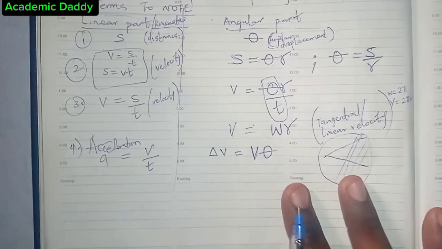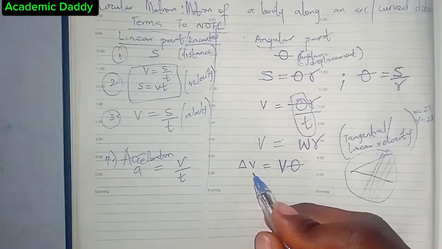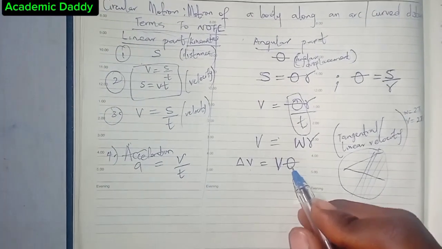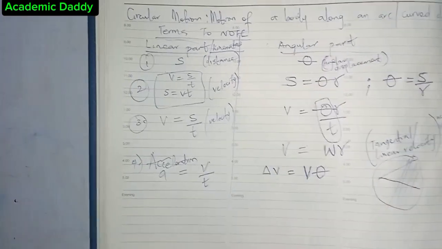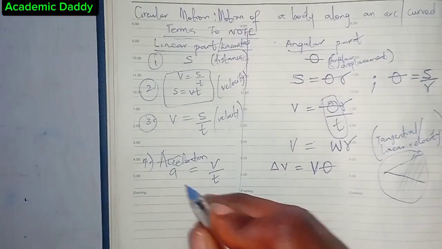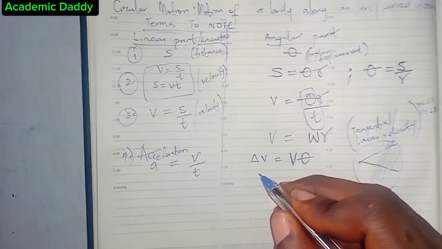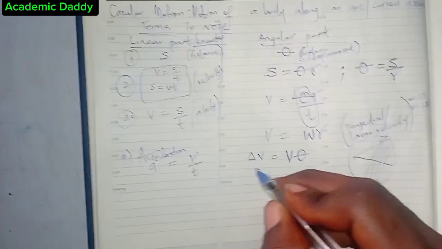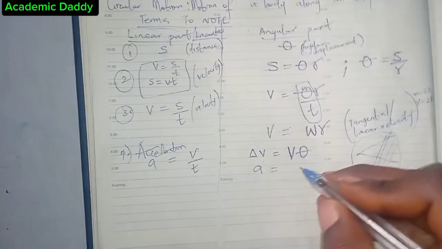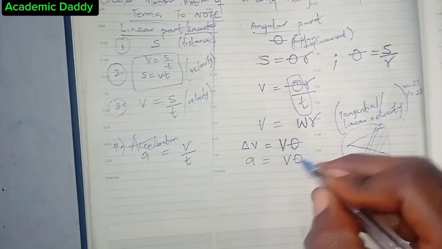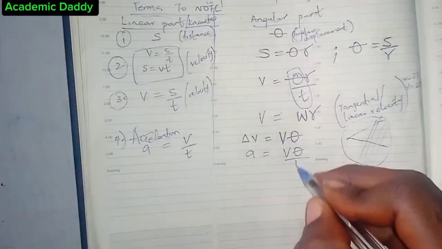So in circular motion, we don't talk about v alone, we talk about theta and velocity. If I want to talk about acceleration here, I will now say that in circular motion, we have v theta, and remember that acceleration has to do with over time.